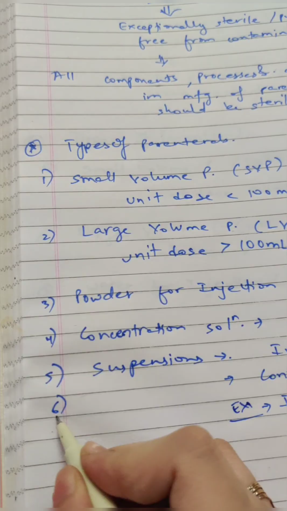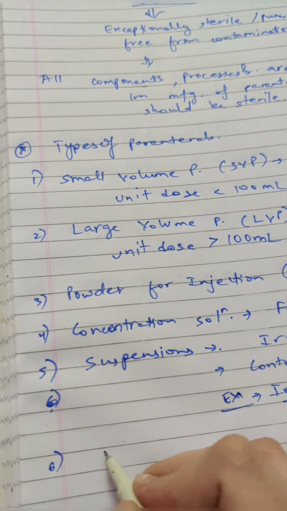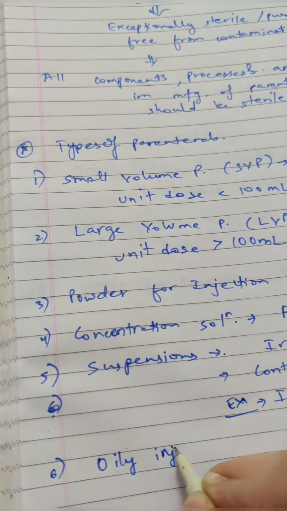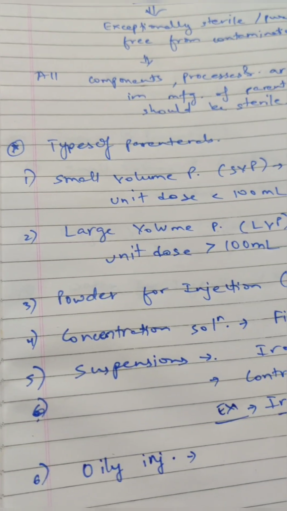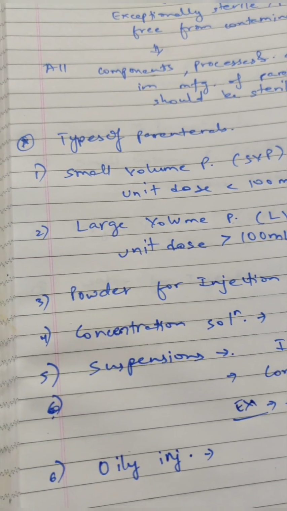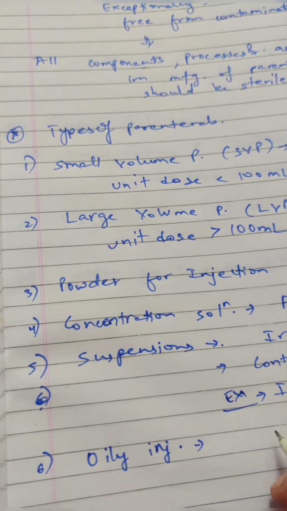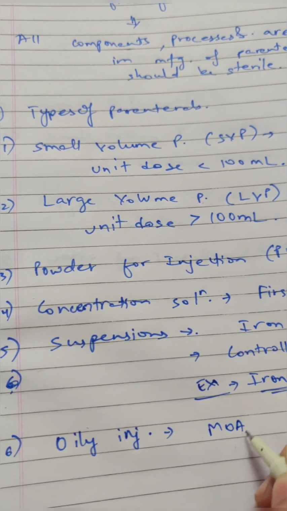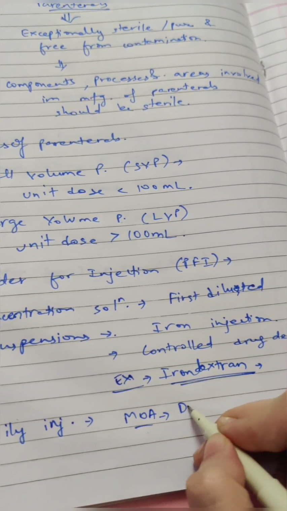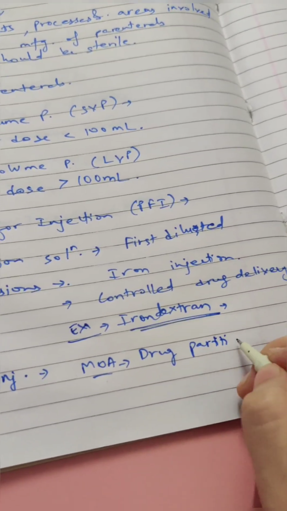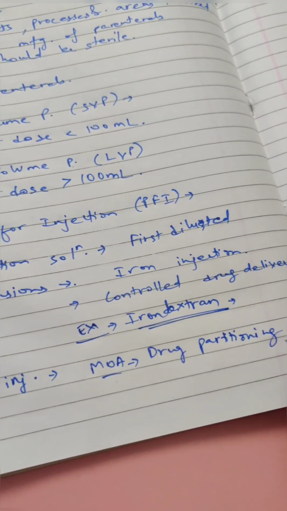Okay, now the sixth one is the oily injections. They are oily in nature, and that is lipophilic in nature, and उनका mechanism of action जो रहता है, they are absorbed through the process of drug partitioning in the body.